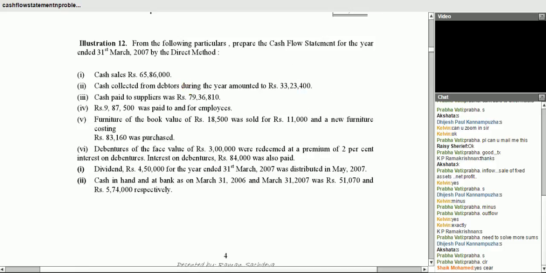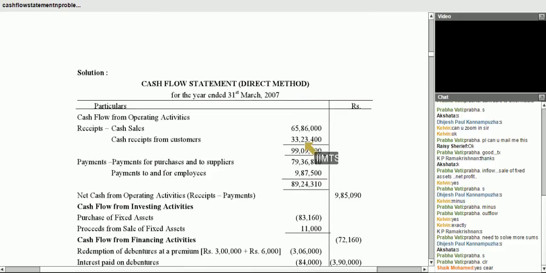So both these things will come in cash flow from operating activities and we will add them up. So it will come out to be 99,09,400.